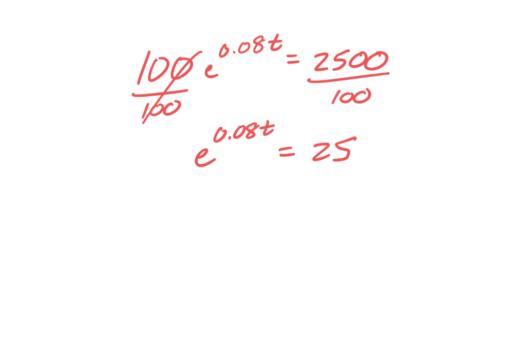Now what log do we want to use here? ln. Yep. Anytime we see an e, ln is probably going to be our go-to. You could use log, but ln is going to be a little bit easier. So I'm going to do the ln of both sides.